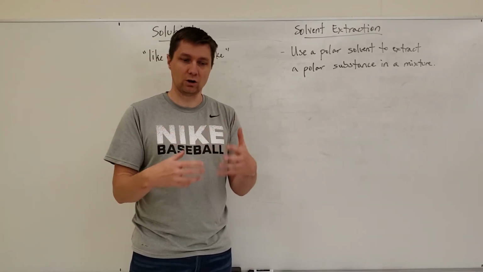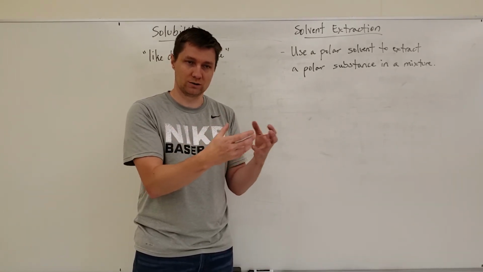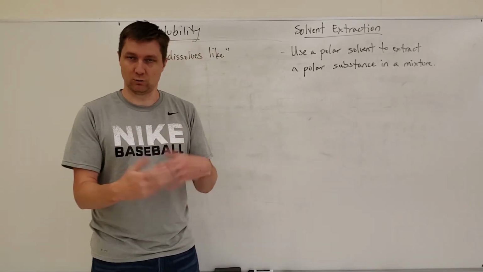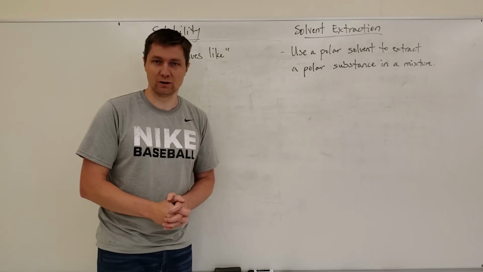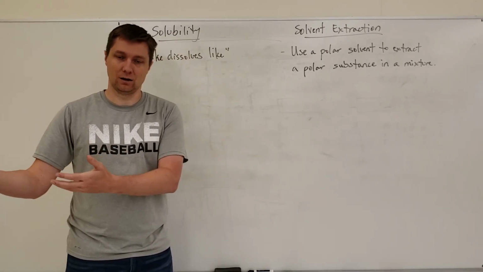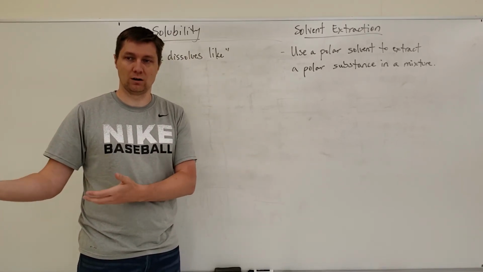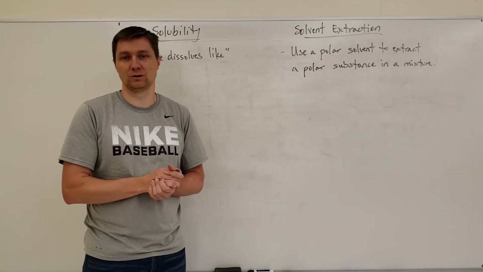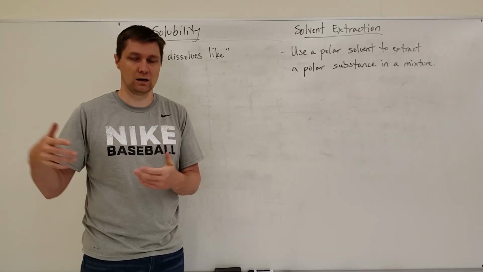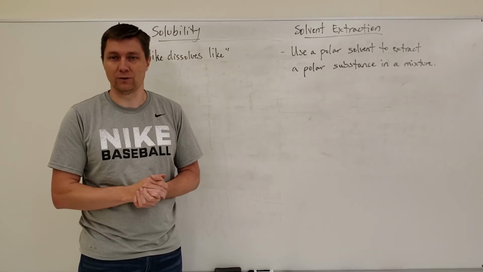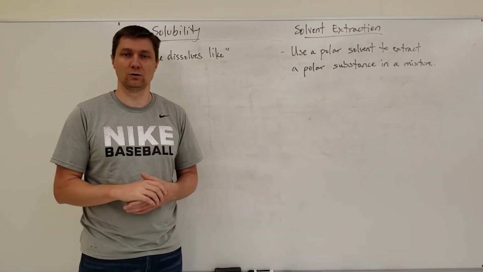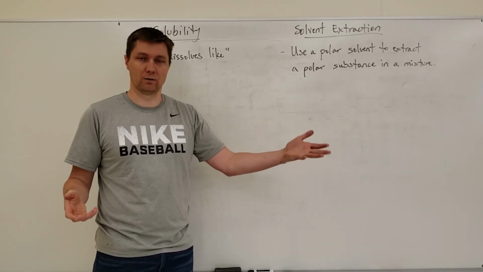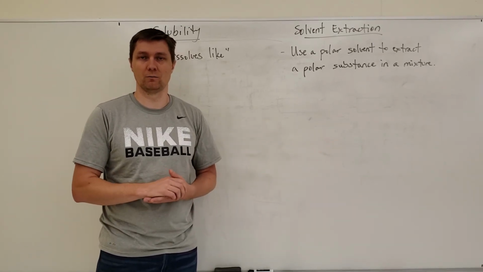Then that polar solvent will dissolve the polar substance that I'm trying to get out. I can wash it with this polar solvent, extract the solvent out of the substance, and it will have that polar substance dissolved in it. Then as I evaporate out the solvent, or whatever I need to do to separate the two, I now have this polar substance separated from these other substances that are in the mixture.